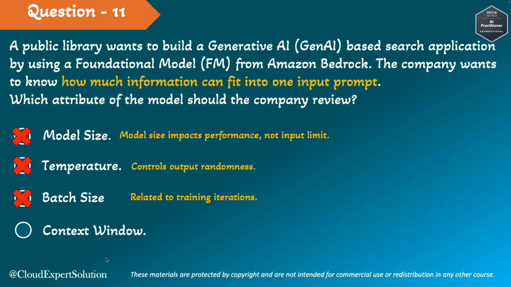Hence, batch size is not the correct option. And the last option is context window. Context window defines the maximum length of the input prompt the model can process and it directly limits how much information you can include in the input prompt. Hence, context window is the correct answer for us.